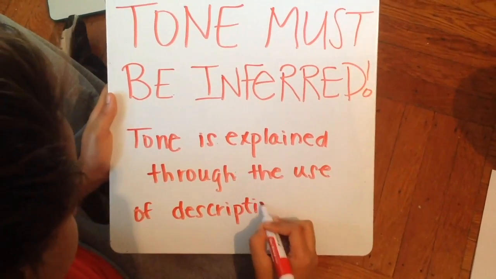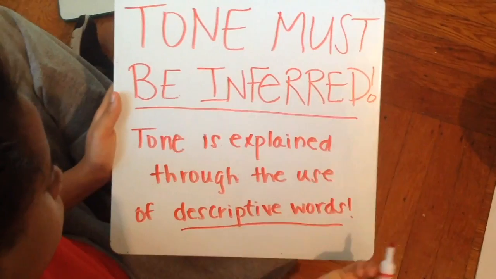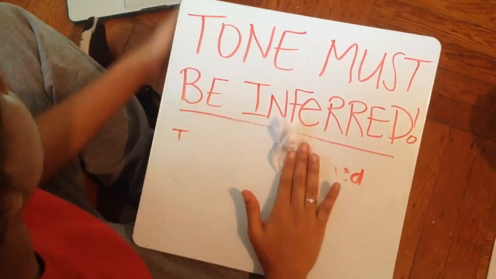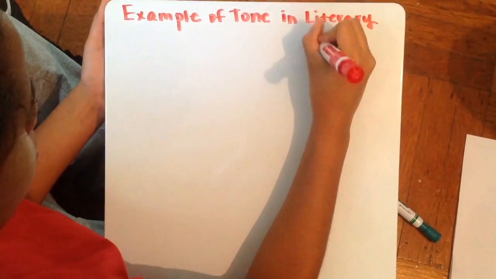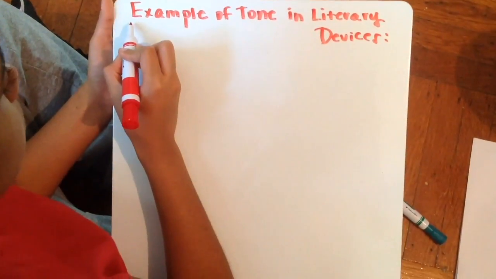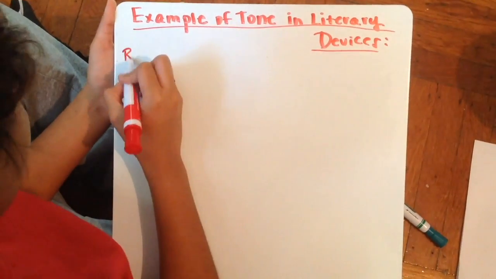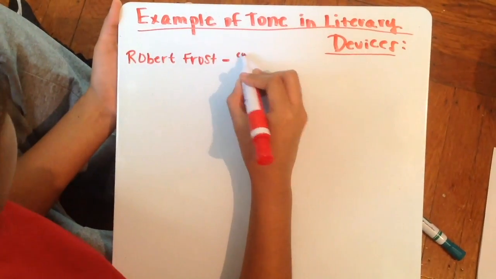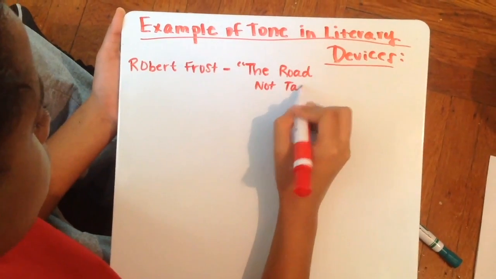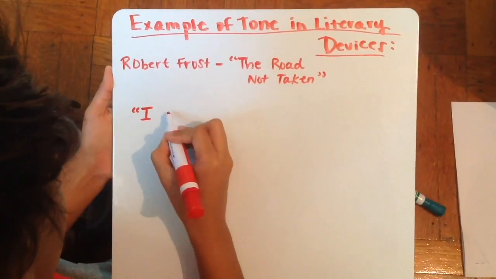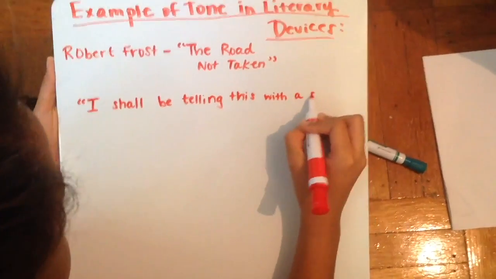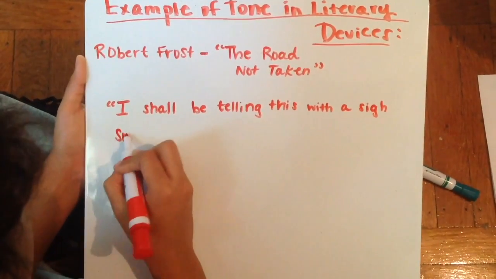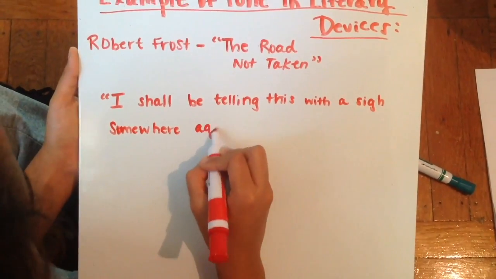So now let's try an example. In this example, we will be looking at The Road Not Taken, a poem written by Robert Frost.